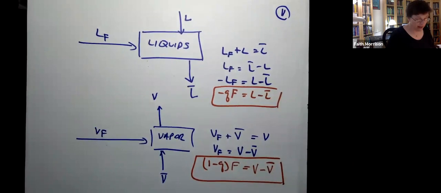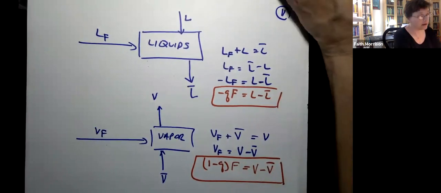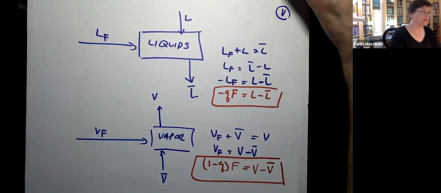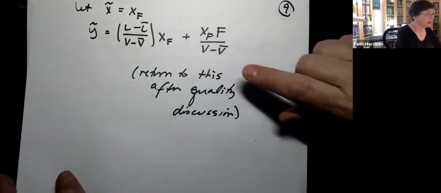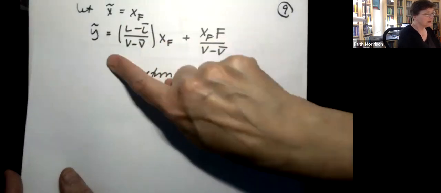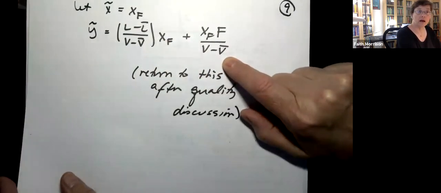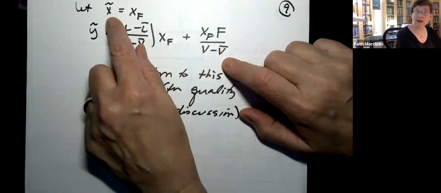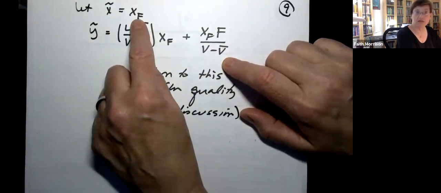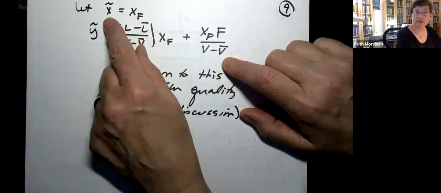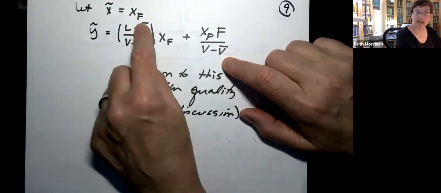And that's going to allow us to return to another calculation we had from the first video, where we considered this condition at the feed, and we asked the question, what would happen if the passing streams of the feed happened to be, if the liquid flow composition had to be XF?